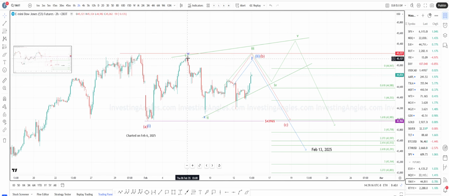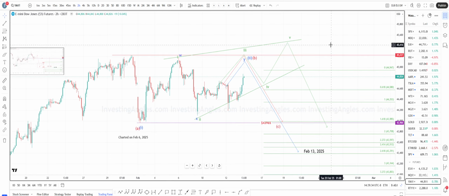So we are viewing it as a potential correction, WXY, or there is also a chance of forming a bigger diagonal 1, 2, 3, 4, 5, like I said, it's green.